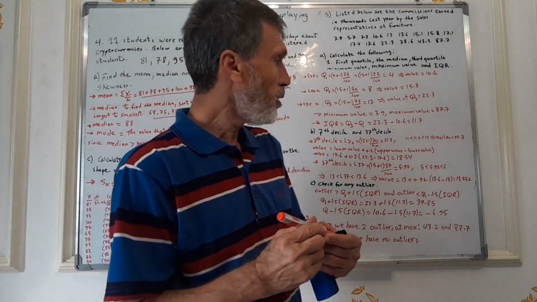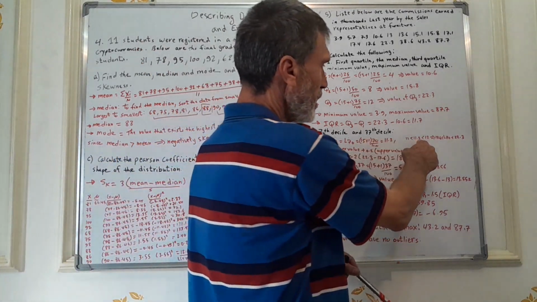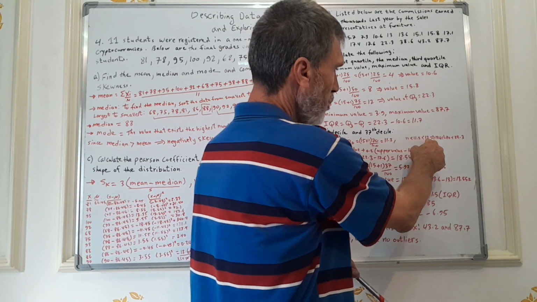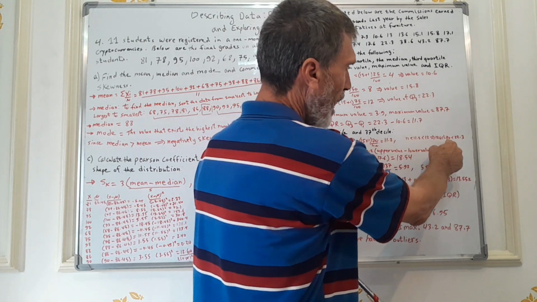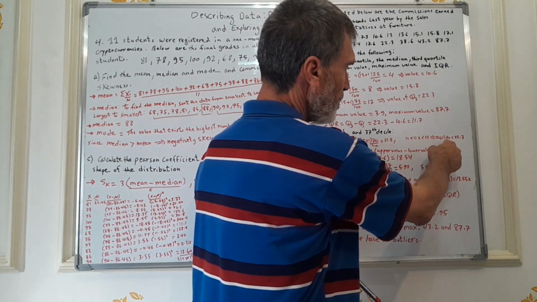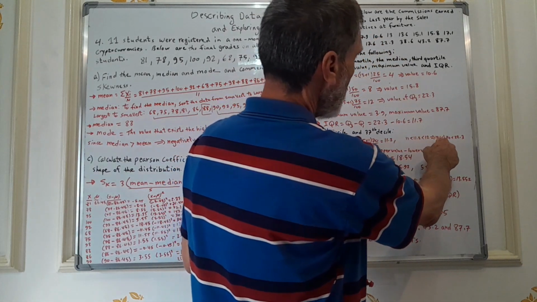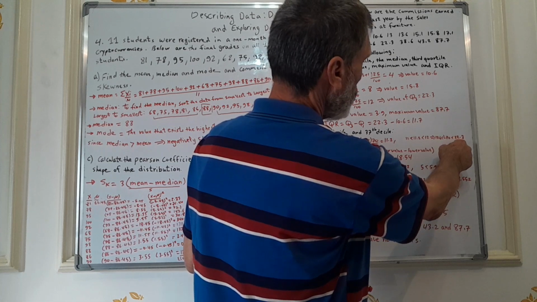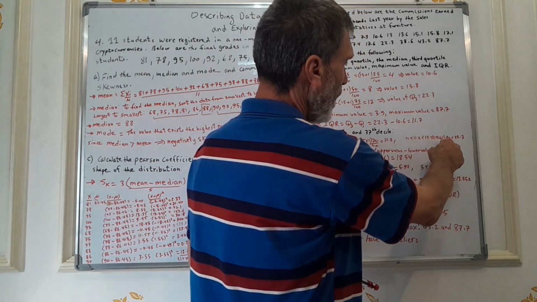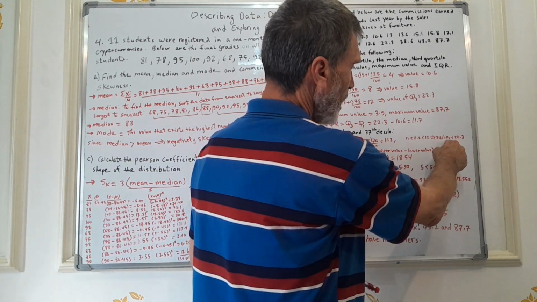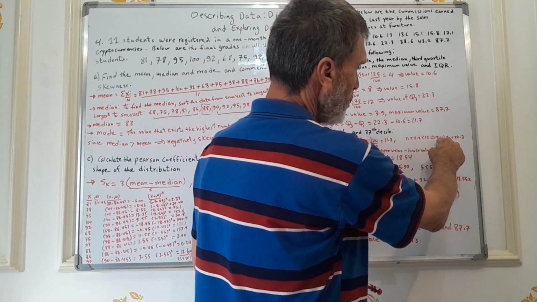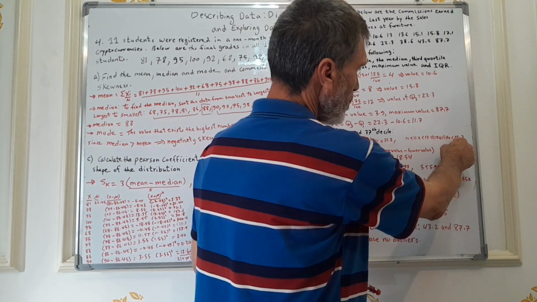So what we need to do, we know that 11.2 is between 11 and 12. So the location of L70 is between what? 11, where is 11 here? It is 17.6 and 22.3. So L70, which is the 7th decile, is going to be between 17.6 and 22.3.